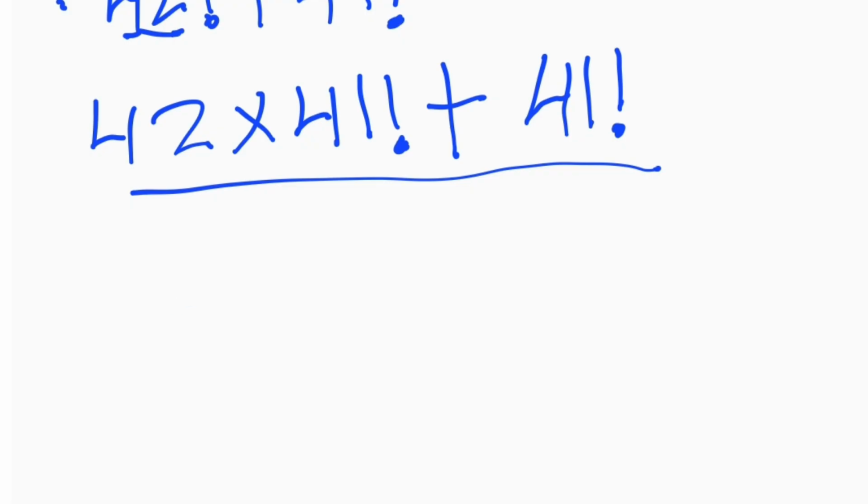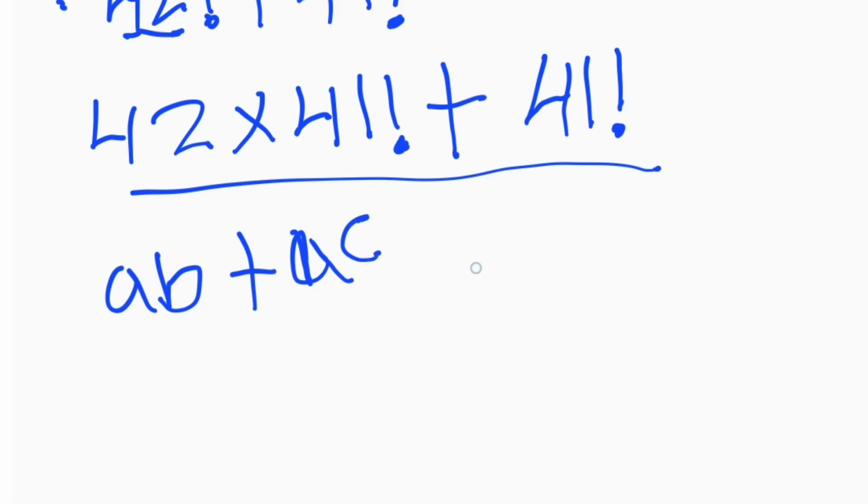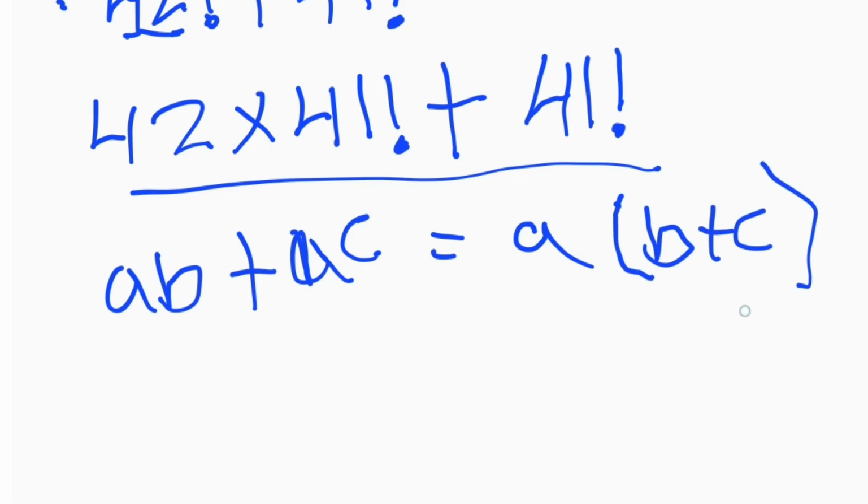There is a rule in maths called the distributive property, which states that A times B plus A times C is equal to A times the sum of B and C. This is what the distributive property states, and this is actually true.